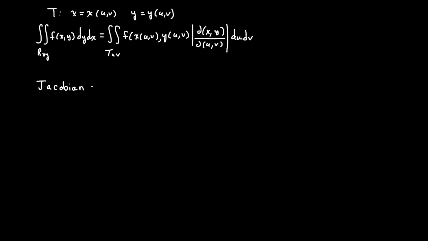Now, there's this thing called the Jacobian, or J for short. And the Jacobian is this mathematical notation, partial xy over partial uv.